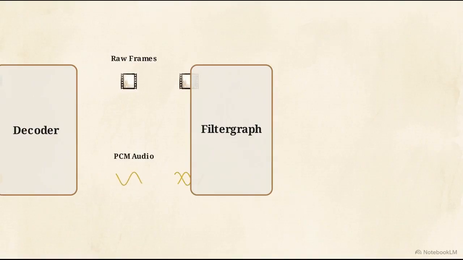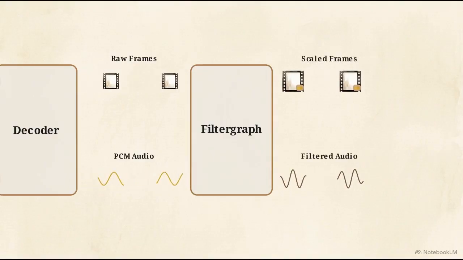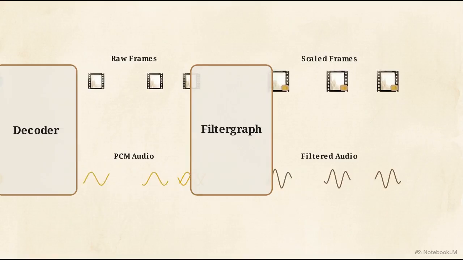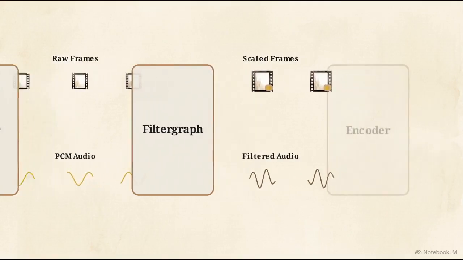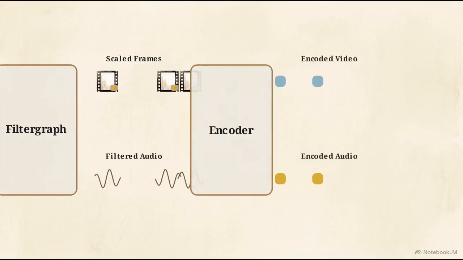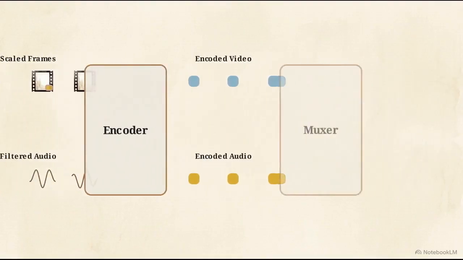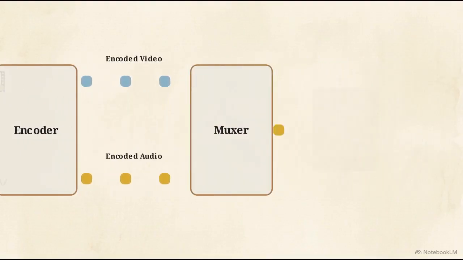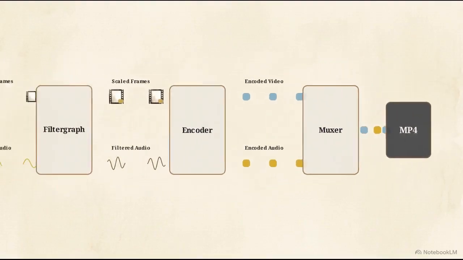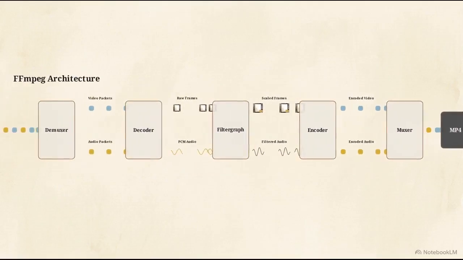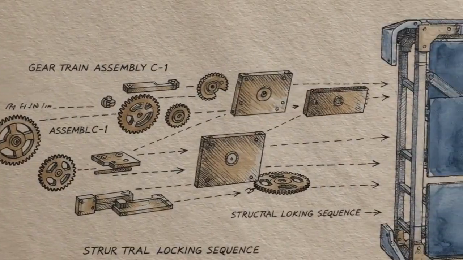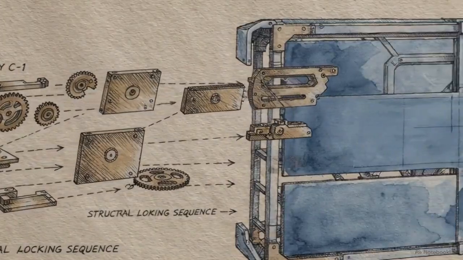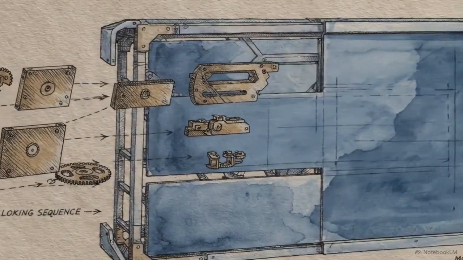This is where the client applies any necessary transformations, scaling resolutions, or overlaying visual elements directly onto the raw frames. Finally, an encoder recompresses the frames, and a muxer interleaves the audio and video back together, writing the bytes into a finalized MP4 container.